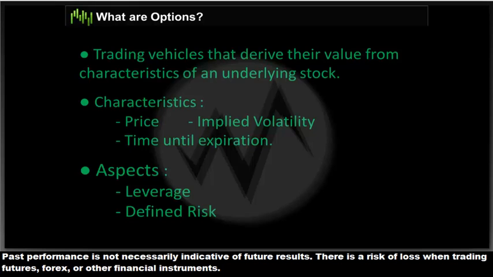These characteristics are price, implied volatility of the stock, and the amount of time until the expiration of this specific option. Options also have aspects that are desired by option investors: leverage, and defined risk characteristics.